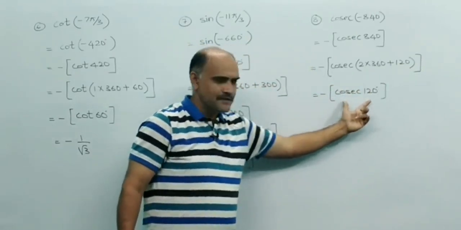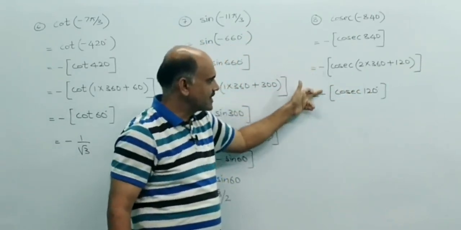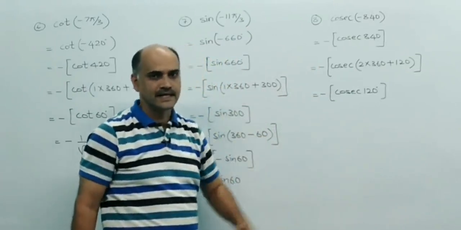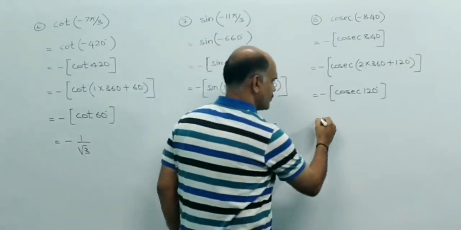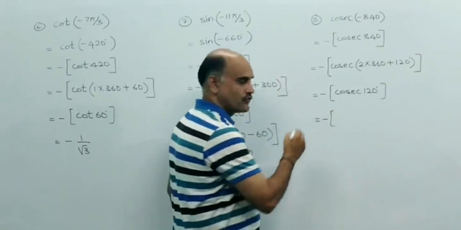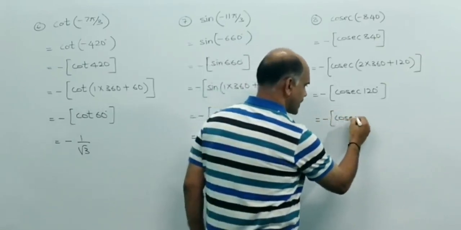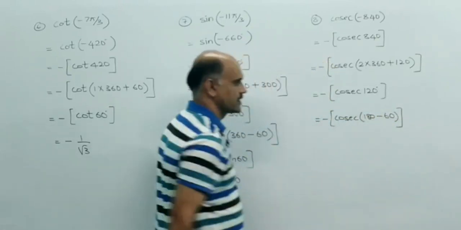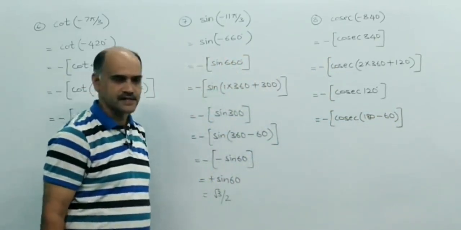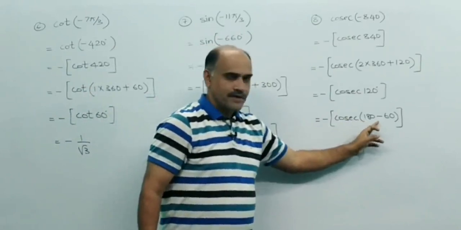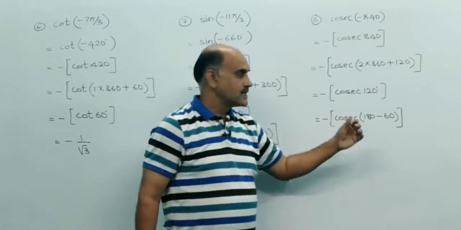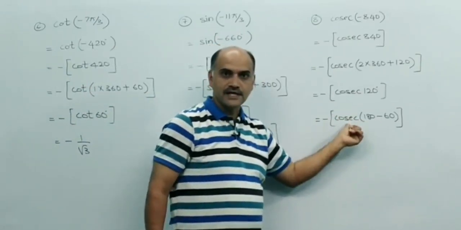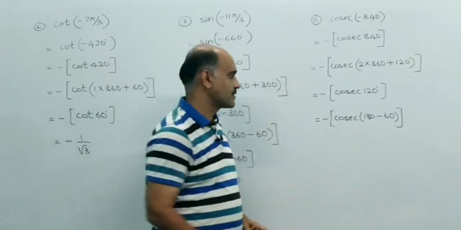Now again you simplify this bracket. This minus sign will continue up till the end. I can write 120 as cosec of 180 minus 60. 180 minus means it is in the second quadrant. In the second quadrant, sine and cosec are positive.